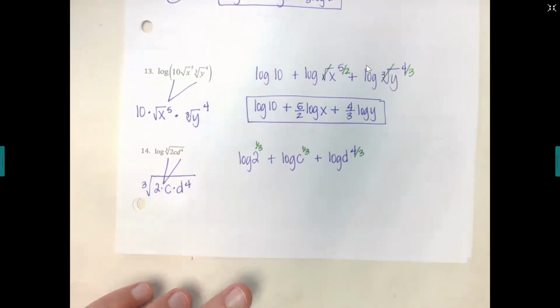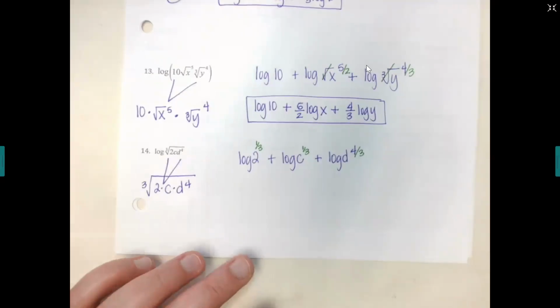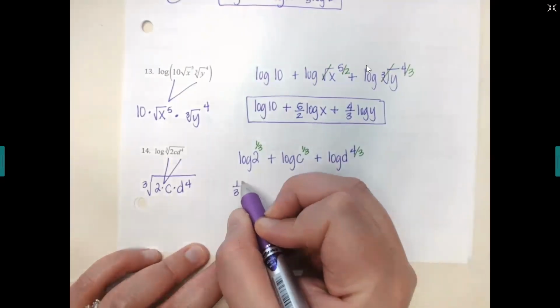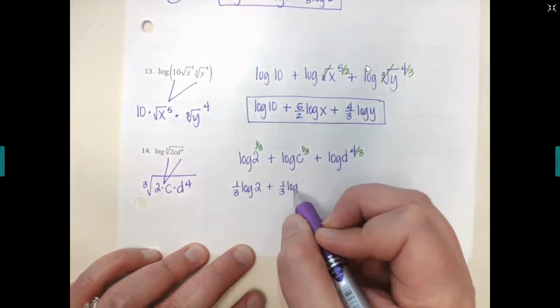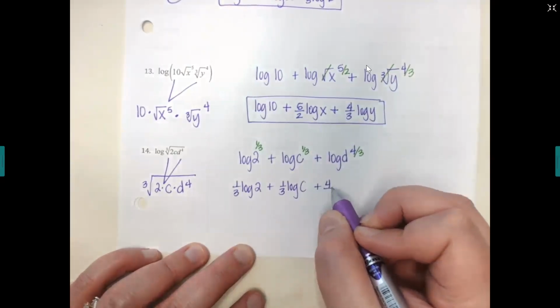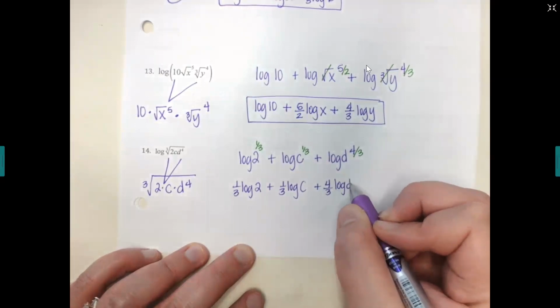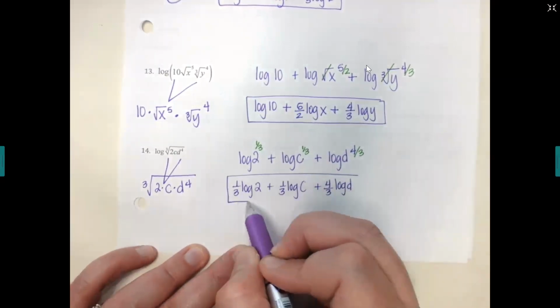Does that make sense? So if everybody's in the root together, make sure that you apply that to everybody on the inside. Okay, then we'll just drop those numbers down and then you're fine. So it'd be a 3rd log 2 plus a 3rd log c plus 4/3 log d. Good?